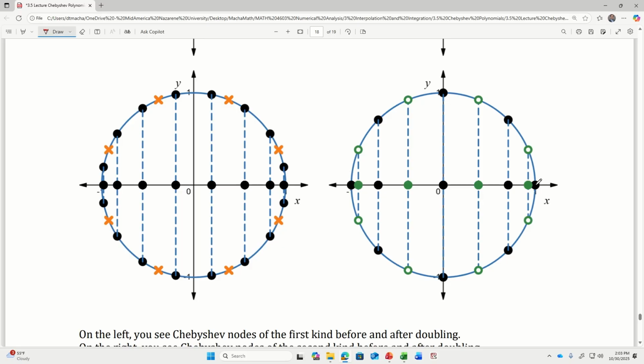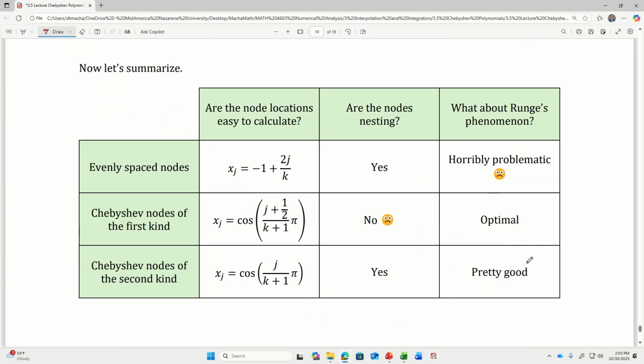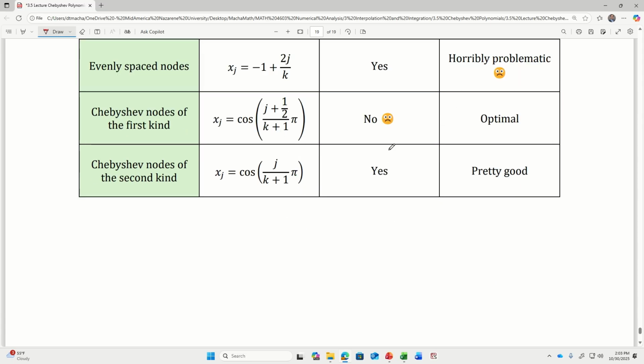You're still using the same overall kind of scheme. Now you get pretty close to the same level of control over that Runge's phenomenon error. So it's not optimal, but it's still pretty darn good. And so you can already see why we might start to favor these nodes of the second kind, because even though it's not optimal, it's still pretty good, and this is a big benefit, being able to have nesting nodes.